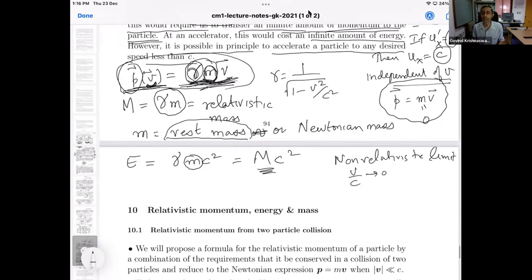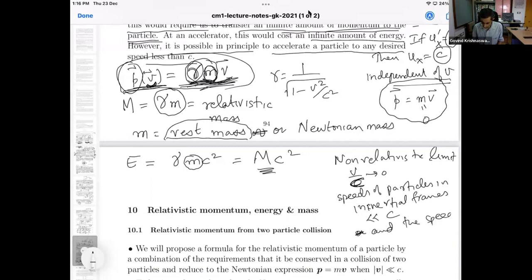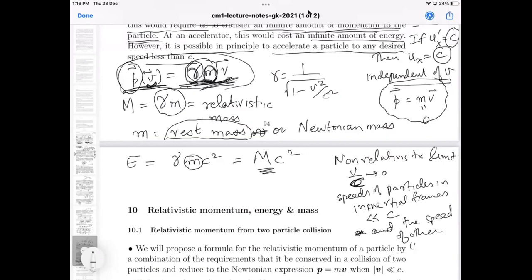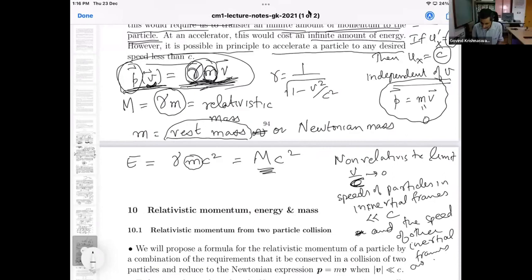There are different ways to view it. Strictly speaking, C is never infinite. C is a finite number, and we are considering the limit where speeds of particles in inertial frames are much less than the speed of light, and the speed of other inertial frames are much less than C also.